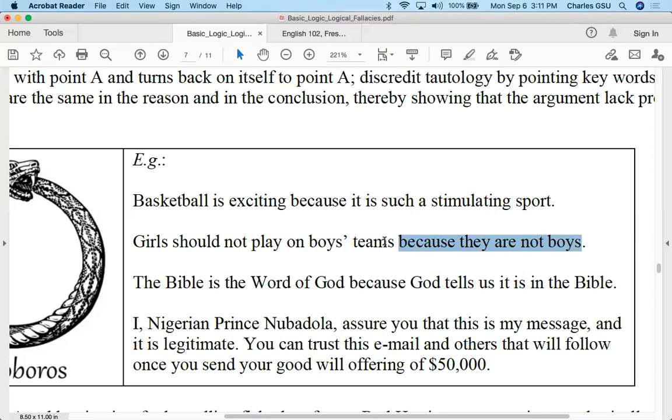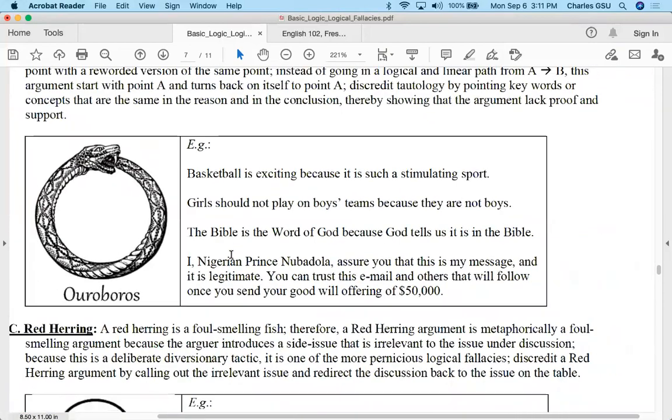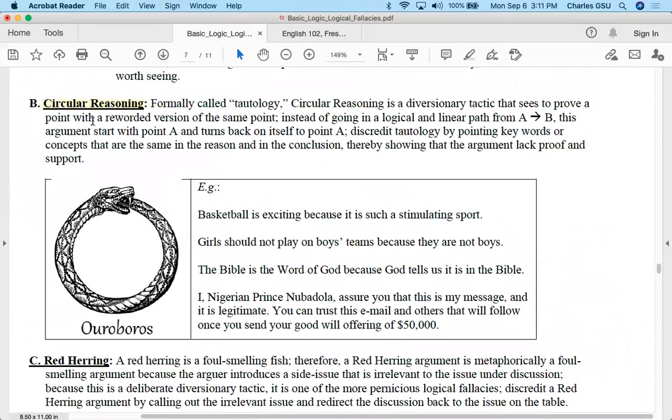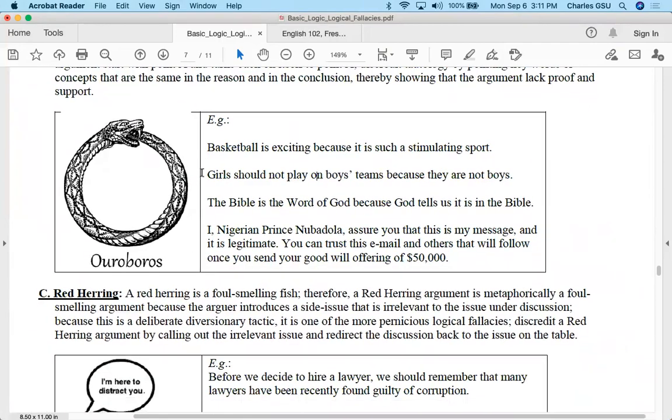But you can say the same thing of a male team and a female team, right? So it's a kind of illogical argument there. Anyway, when you look at a circular reasoning argument, make sure that specific reasons are given for why something is such a way, and it doesn't just turn back in on itself.